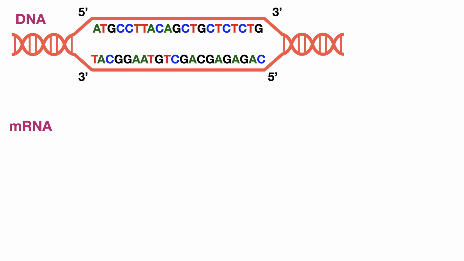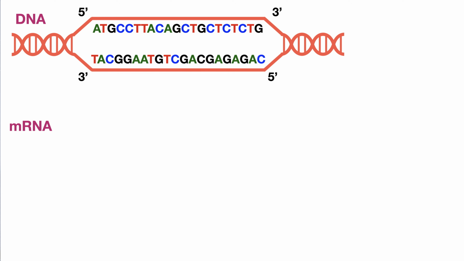Okay, let's think about how this information is going to be copied onto a molecule of messenger RNA. And to do that, first we need to know which strand is actually going to be used by RNA polymerase II, if we're a eukaryote here, in order to make the messenger RNA.